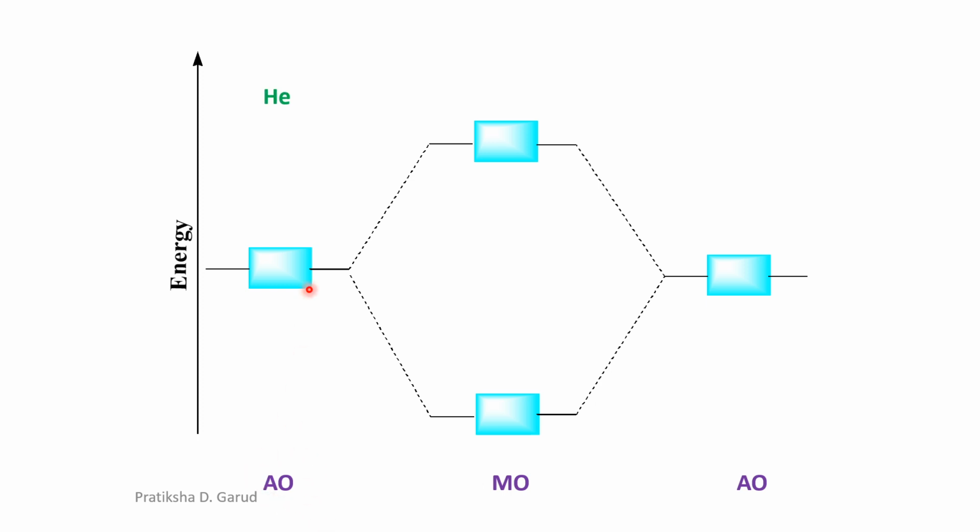One side is for the helium atom, whereas the other side is for the helium ion, that is the He plus ion. Both atomic orbitals have the symbol 1s. Then the molecular orbitals are for the He2 plus ion.